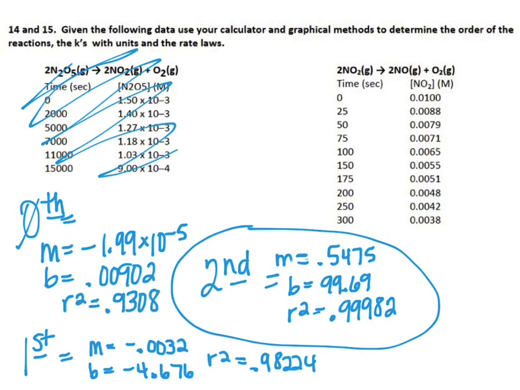Okay, so we figured out it's second order. The value of K is what? We'll say 5.547.